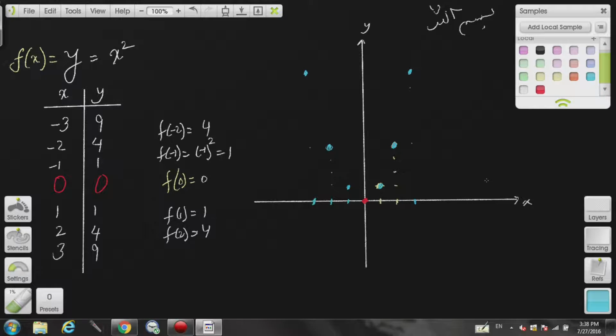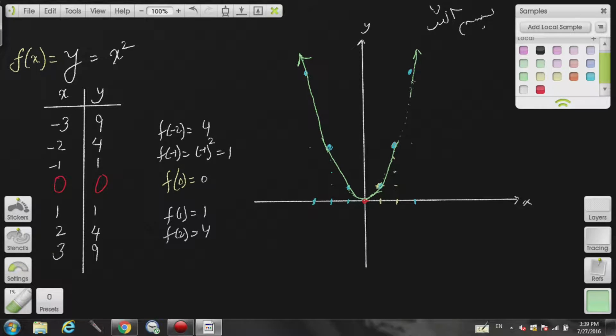So it's symmetrical. And if you were to plot a whole bunch of points, if you were to do more of this, you would get something like this. See that?